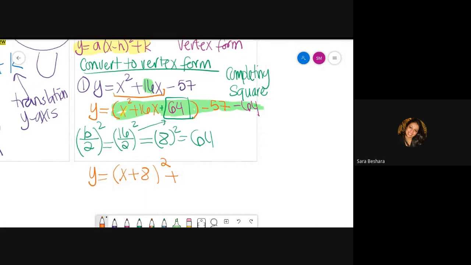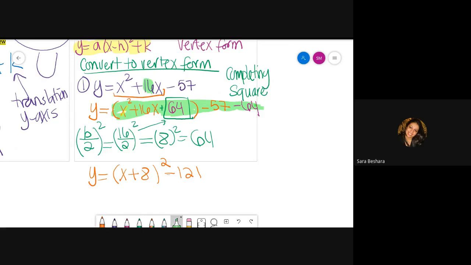And then we subtract 57 minus 64, which is minus 121.